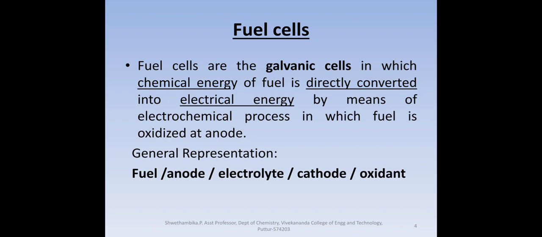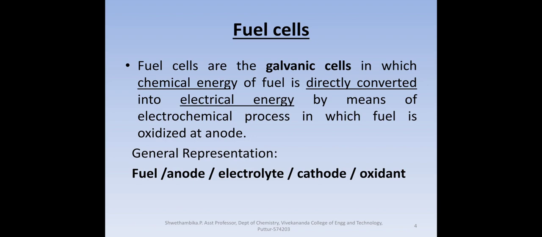So the definition mainly contains 4 important points. The fuel cell is an example of galvanic cells. Second thing is, here chemical energy would be directly converted to electrical energy. It involves electrochemical processes, that is oxidation and reduction, and always the fuel must be supplied at the anode.